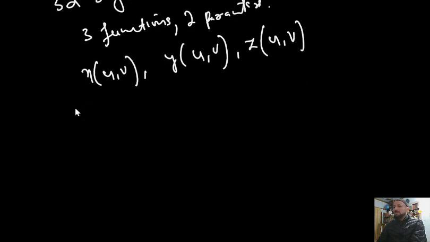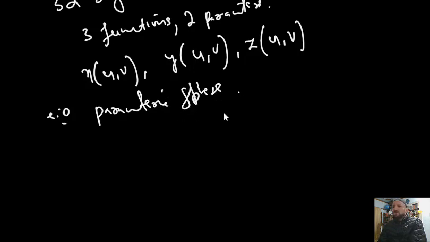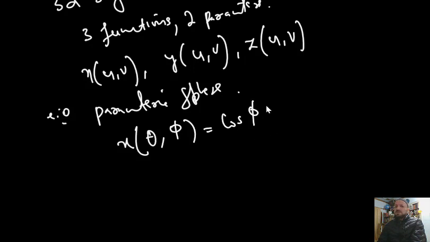For example, if you have a parametric sphere, how will we represent it? For x we have two parameters here, theta and phi, and x will be equal to cos phi cos theta.